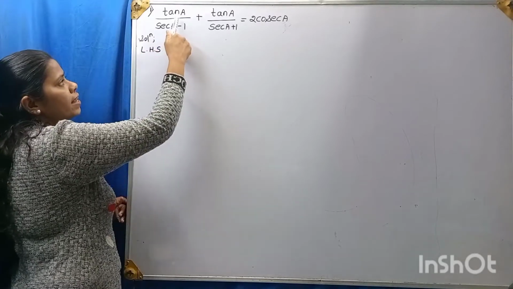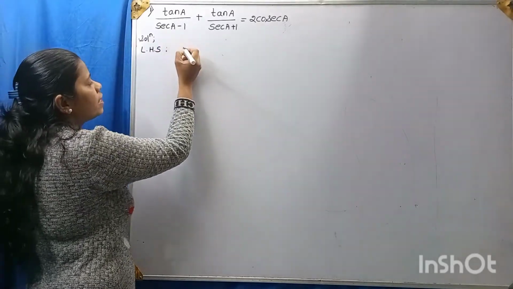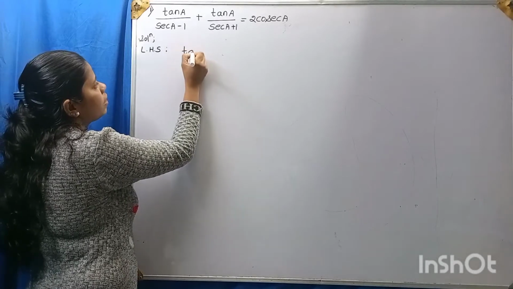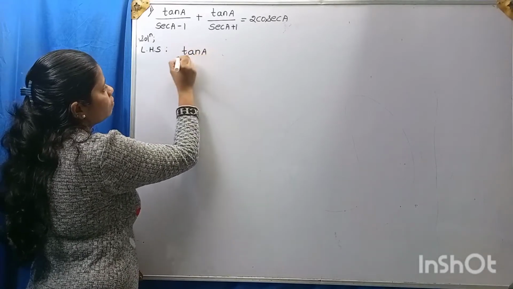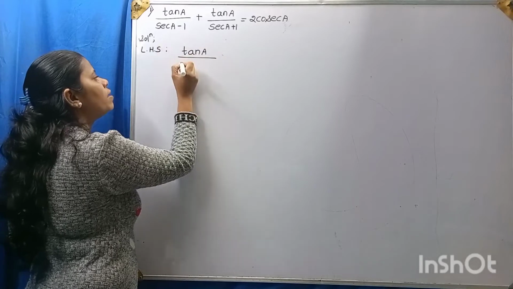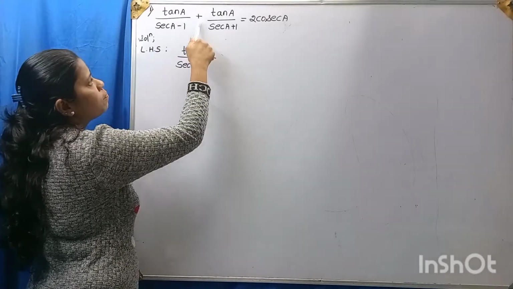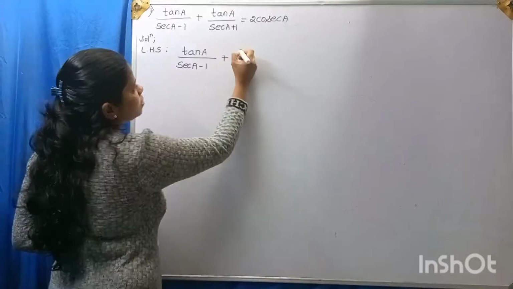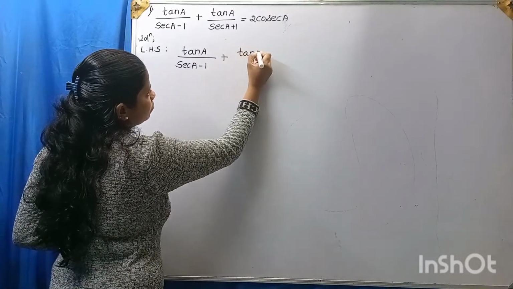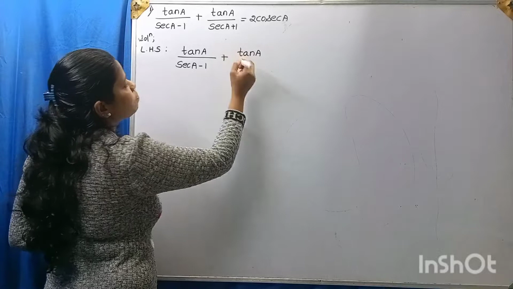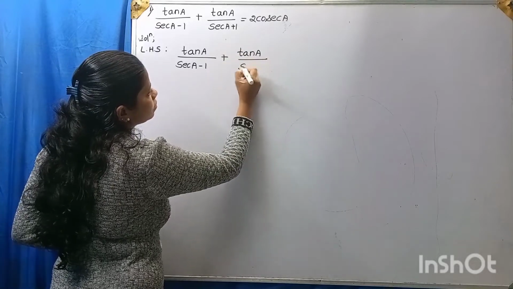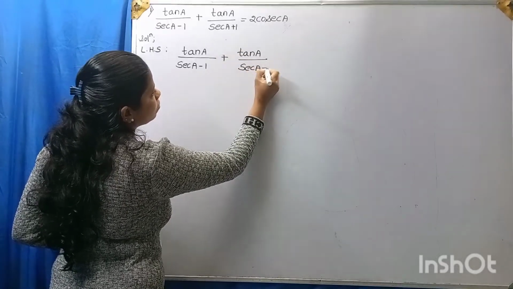We know that the LHS is tan A divided by secant A minus 1 plus tan A divided by secant A plus 1.